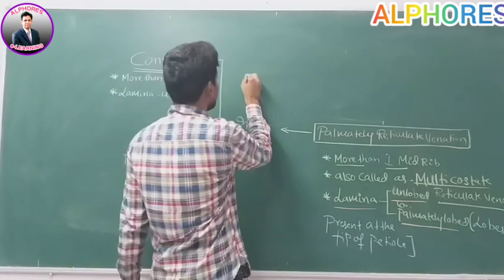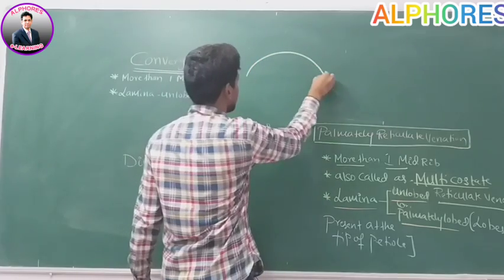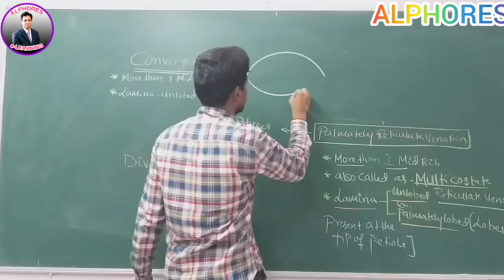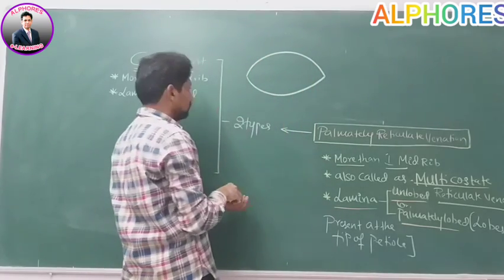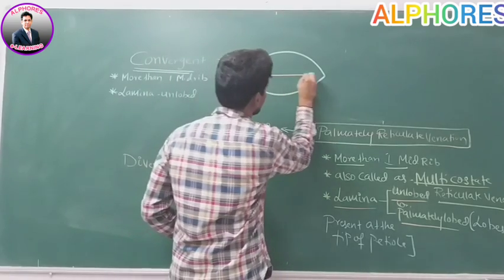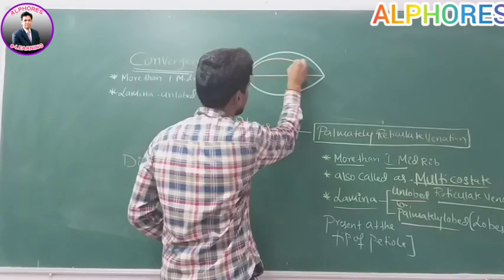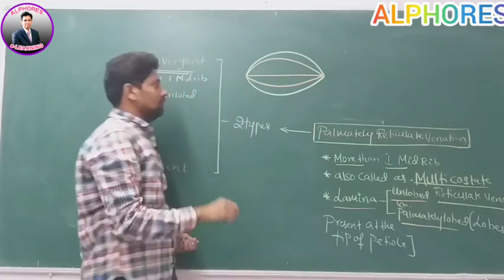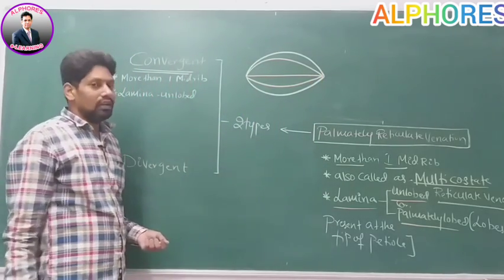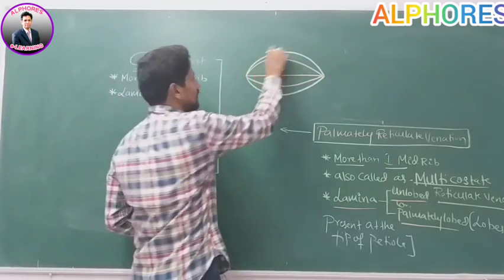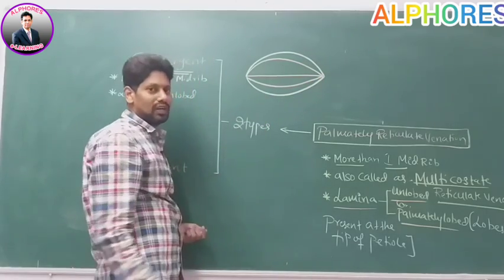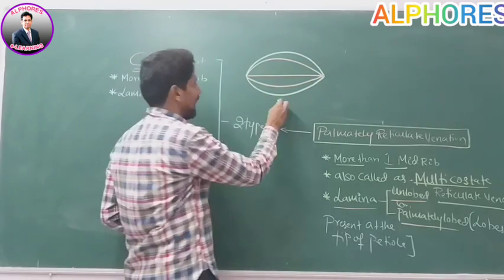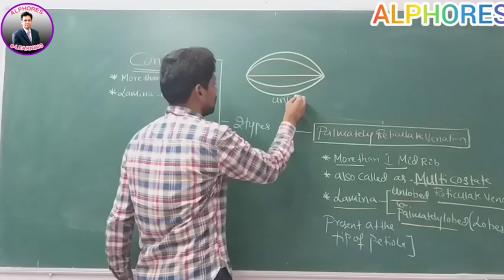Sir, here I am taking one leaf. See this leaf. Sir, in this leaf, are there any lobes, sir? No, no lobes are there. Therefore, your lamina is unlobed.